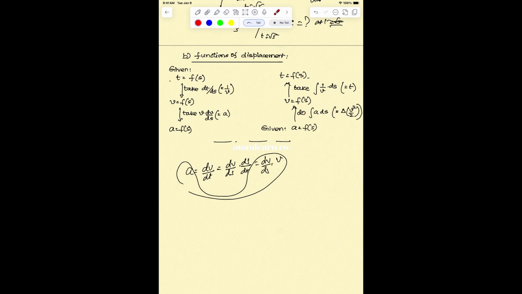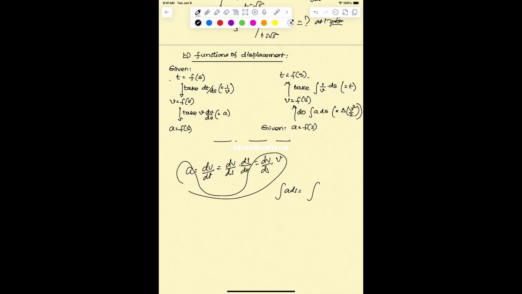You want to understand how we have got this: the integral of a ds, as we know that a is defined as v dv by ds, therefore multiplied by ds they cancel, and you get v dv, which is nothing but the change in v squared by 2. Understand? That is how we have got this particular value.